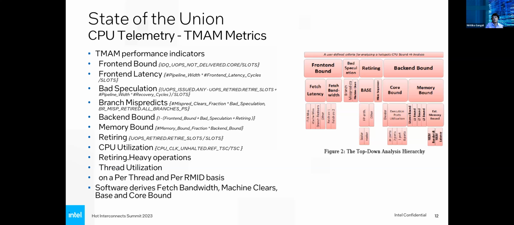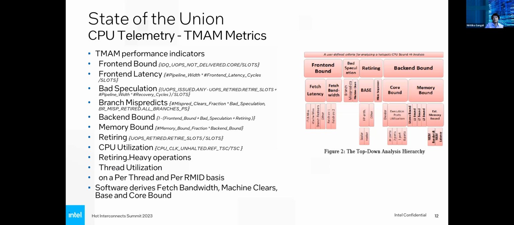Should I look at the front-end bound counters and find out where the bottleneck is? Or should I look at the back-end bound and find out if it is CPU or memory bound, or cache bound? Or if there are heavy operations. This is something we use a lot in our own analysis, and this whole architecture is changing a little bit.